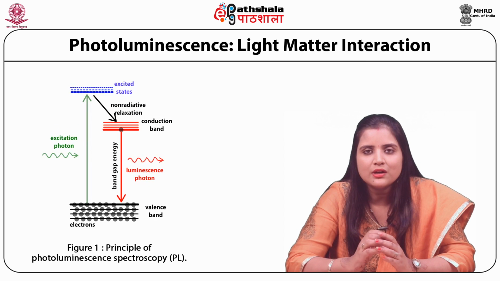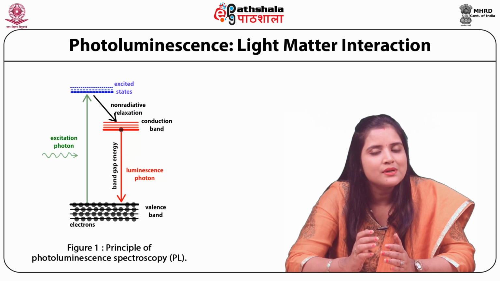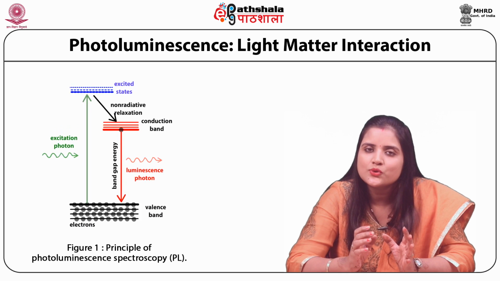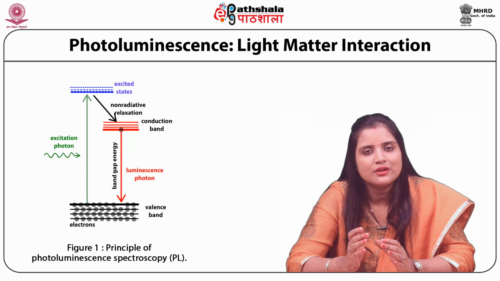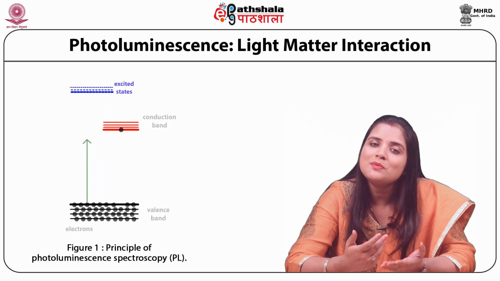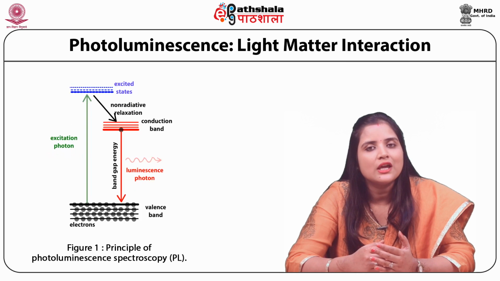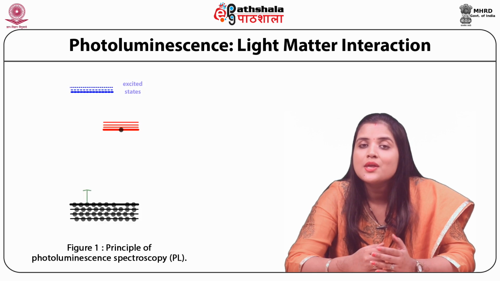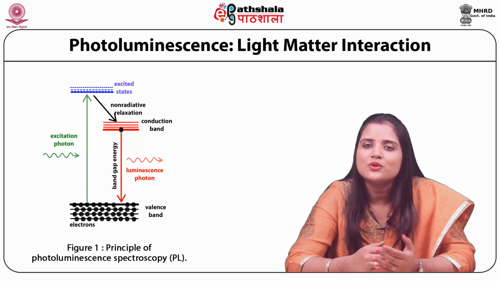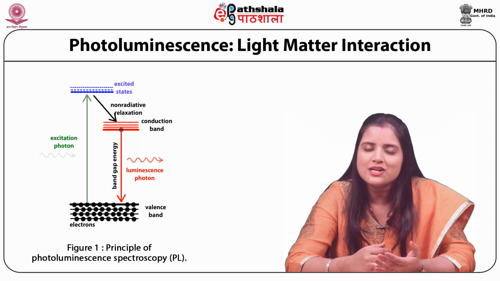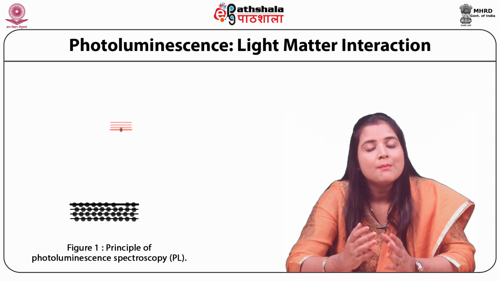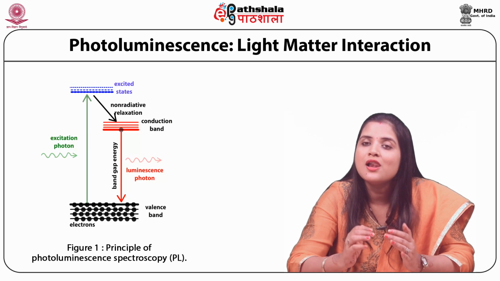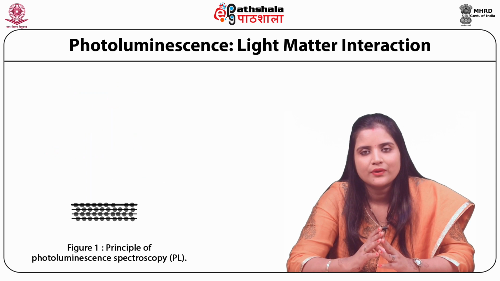One method in which the sample dissipates this excess energy is through light emission, that is luminescence. In case of photoexcitation, luminescence is known as photoluminescence. Excitation causes the material's electrons to occupy the allowed excited states.